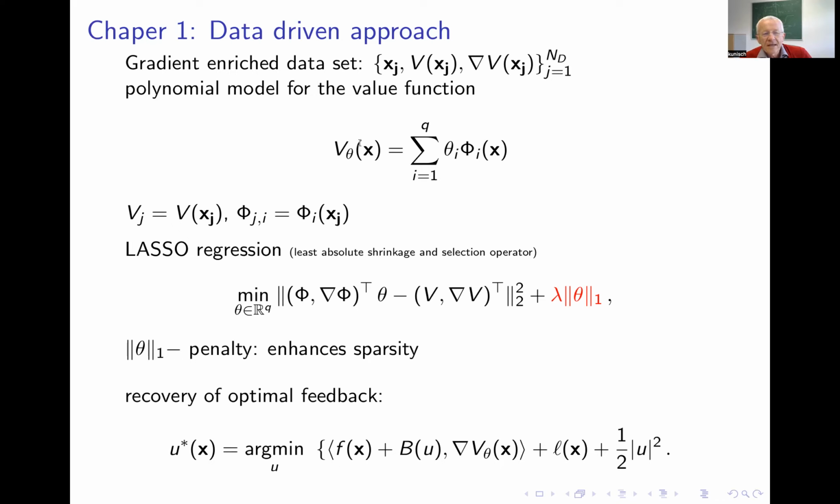And then I decide I want a model for my value function. It's going to be, at this moment, a polynomial model of this type. Okay, I take a basis, phi, and the parameters theta to be determined. And then I set up a regression. For the moment, just look at V. I created my data.